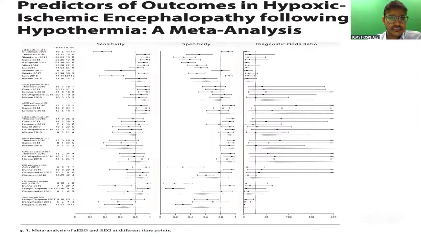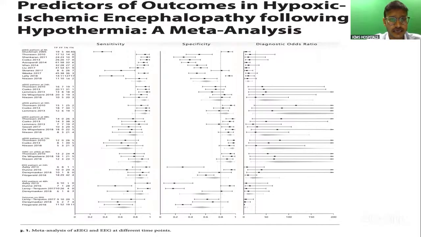So here, if you see the predictors of neurodevelopmental outcome in neonates with HIE who have received hypothermia, it was a meta-analysis which was done in 2019. The predictors were amplitude EEG, conventional EEG, MRI, and NIRS as well.